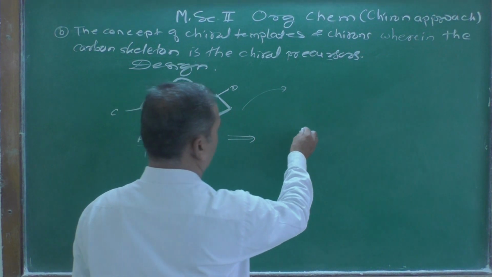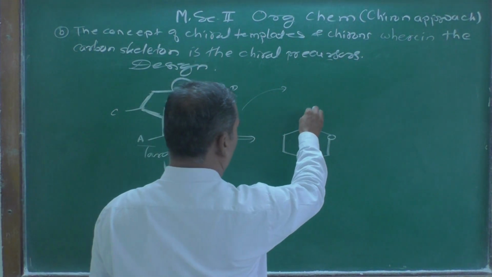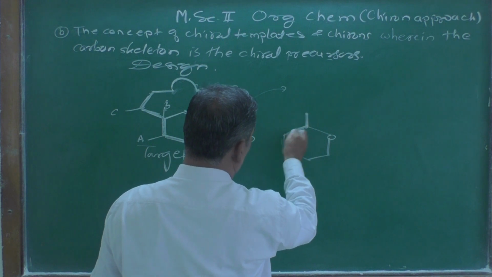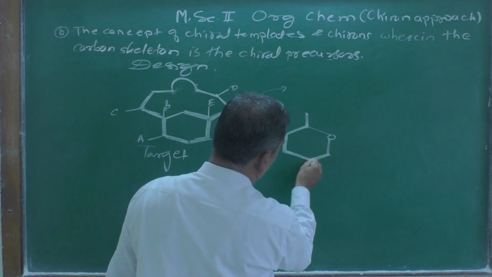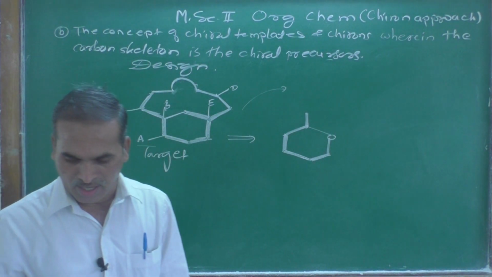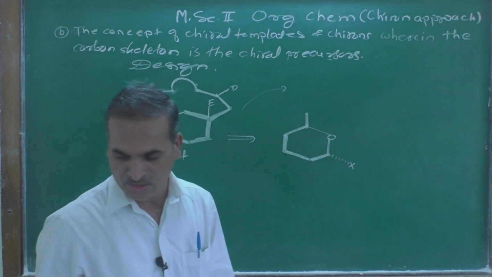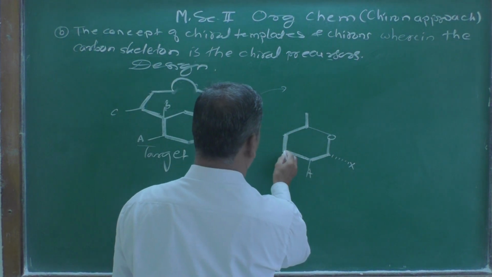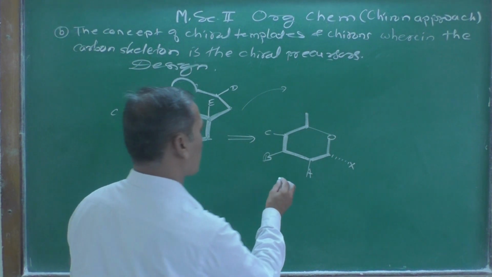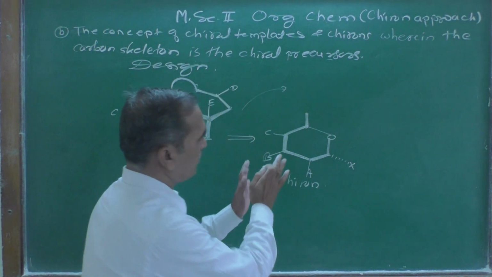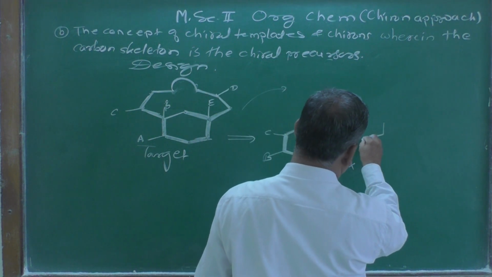Over here we are going to get O, then this again is a 6-membered ring. I am again highlighting these bonds so that you can identify very easily what kind of chiral carbon framework is present in the carbohydrate, which is X. Here is a B, and here is a C. So this is called a chiron, where the carbon skeleton is present in this case.